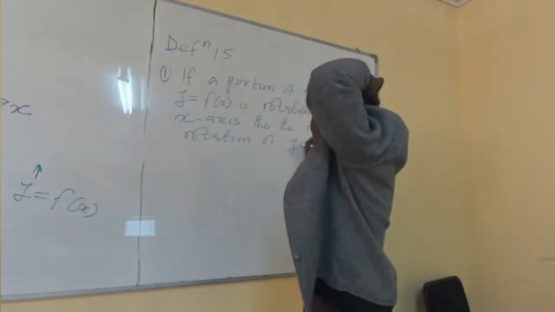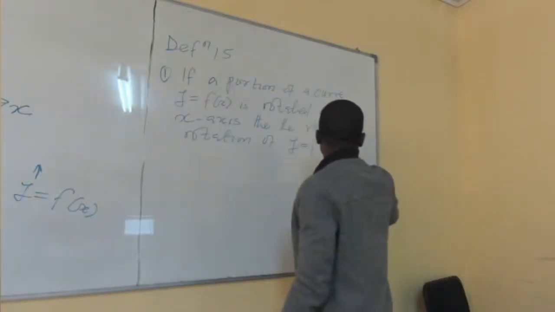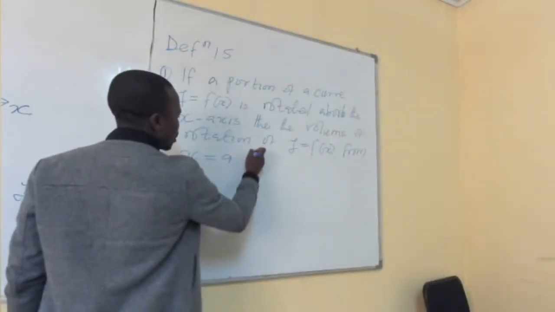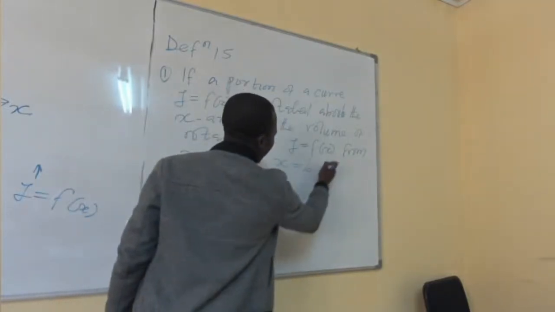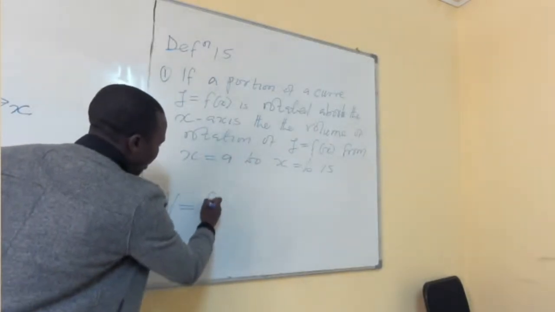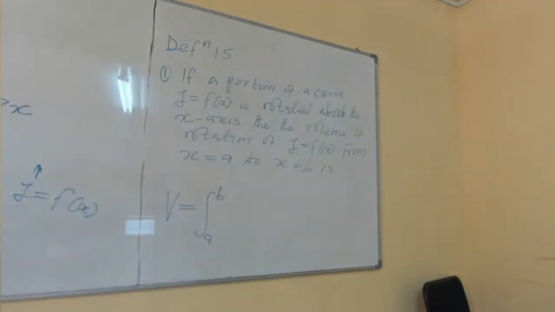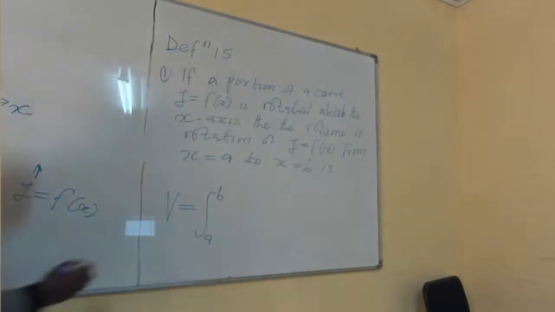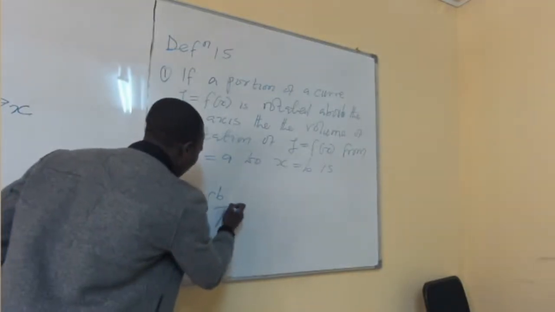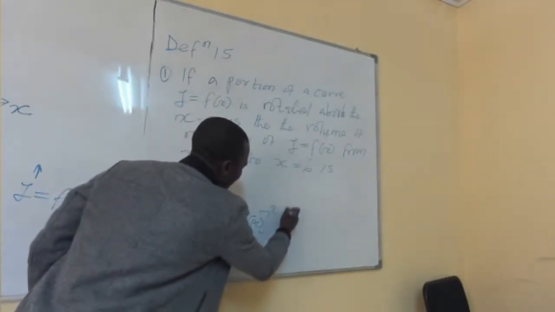of this curve y equal to f of x, from x equal to a to x equal to b, is given by the integral from a to b of the area, which is pi times f of x squared dx.